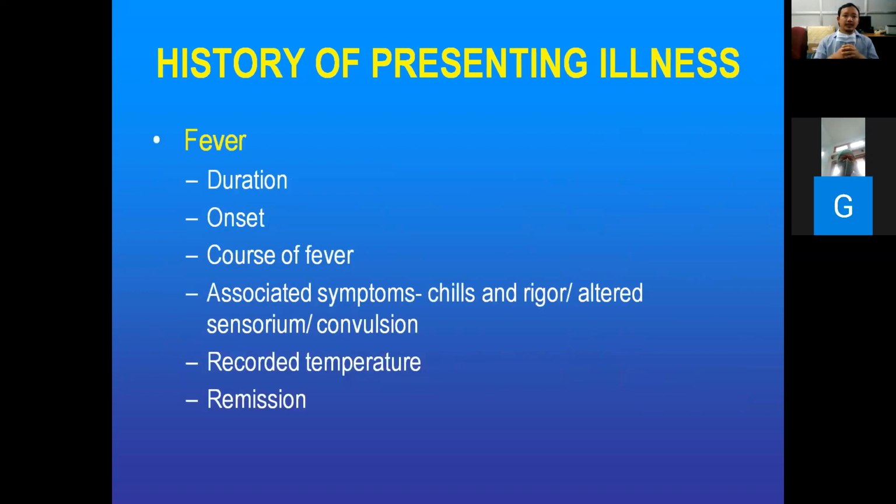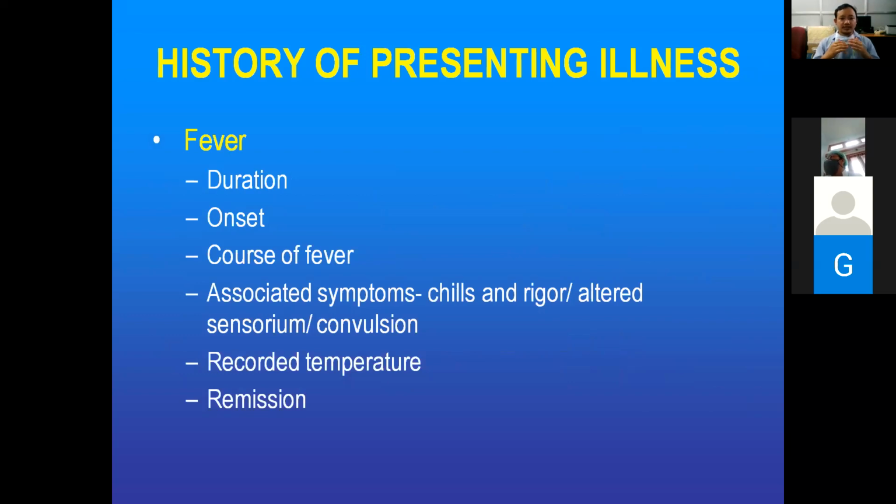So for example, if a child comes with fever, you can ask leading questions like what is the duration, whether it is of short or long duration. What is the onset, whether it is abrupt onset, like pneumonia, UTIs or malaria, or of gradual onset like tuberculosis. What is the course of fever, whether it is continuous, intermittent, or remittent.